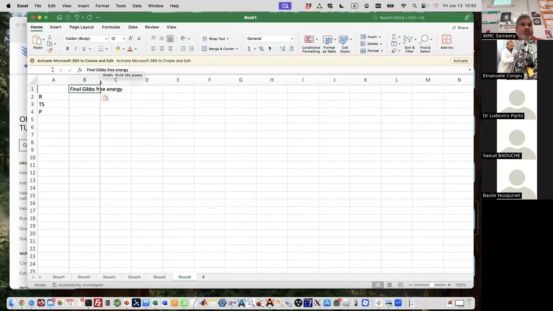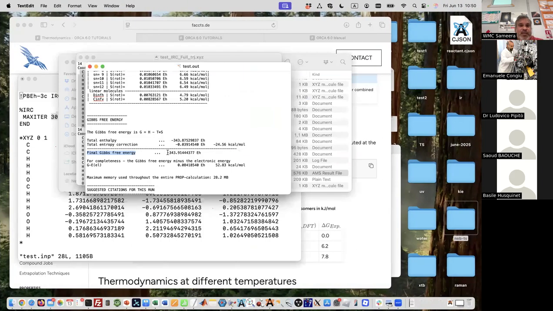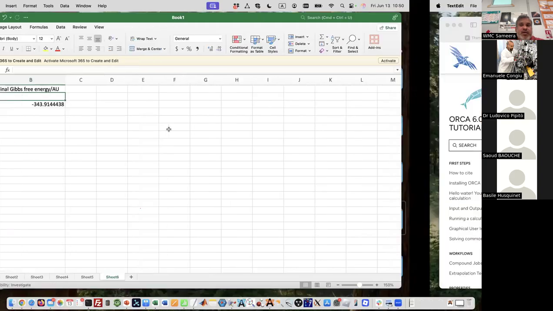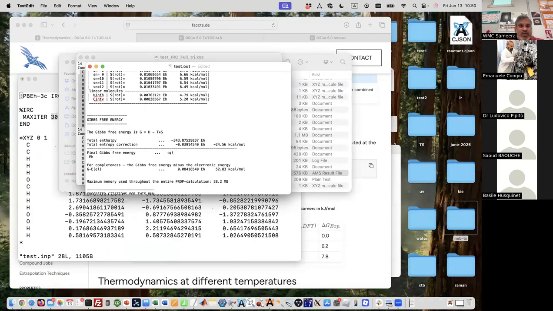So let's put the final Gibbs free energy of the transition state. The unit here is Hartree, which is the common unit we use in computational chemistry or physics. So this is in Hartree or atomic units. And then let's look at the reactant.